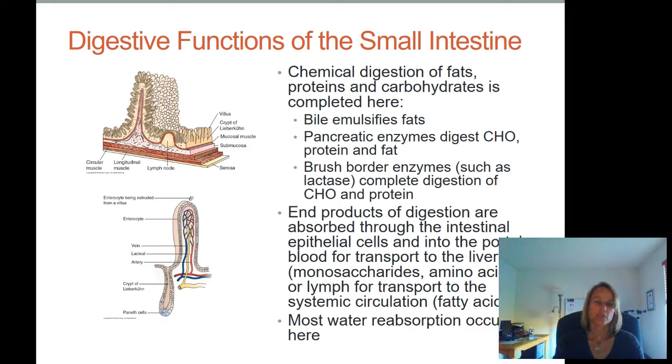We also have brush border enzymes that complete the digestion of carbohydrates and proteins. In order to absorb these end products into the intestinal cells, we need to have them broken into their smallest components. Carbohydrates need to be broken down into single sugars, or monosaccharides. Proteins need to be broken down into amino acids.